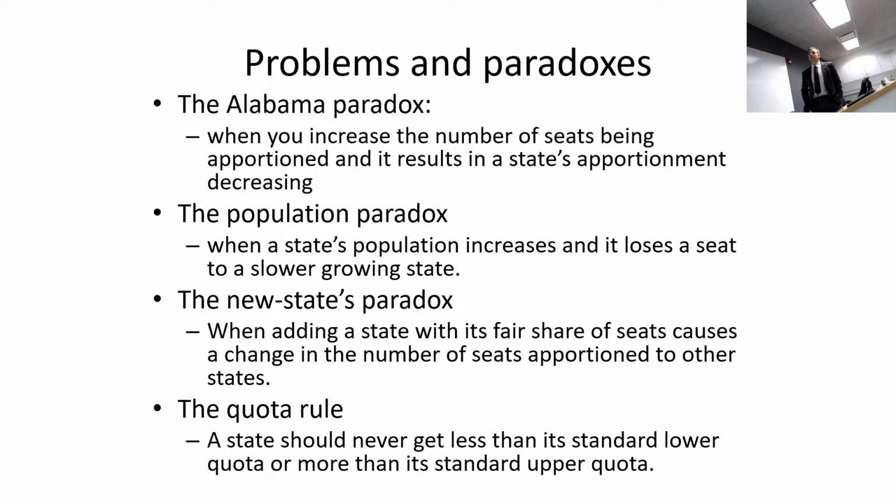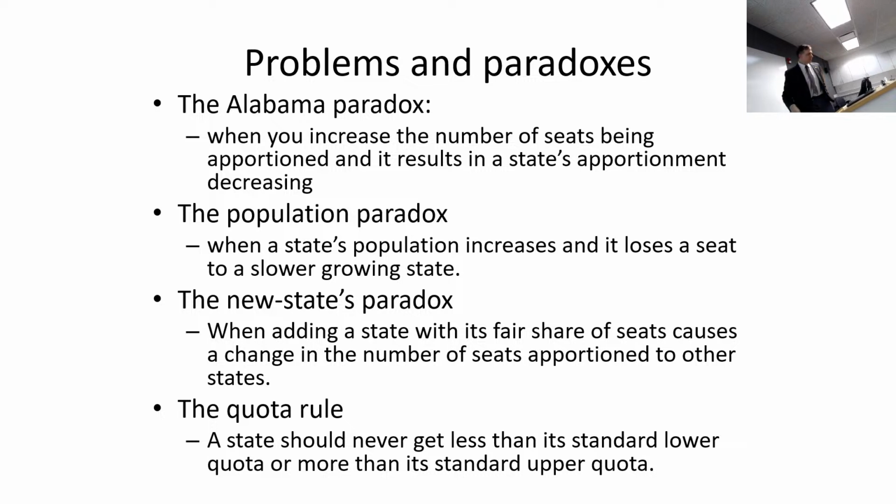So you already know about the Alabama paradox. This is if you change the number of seats being apportioned, then some state loses some of its apportionment. Population paradox: a state's population increases, and yet they lose seats to a slower growing state. The new states paradox, that's when you have a new state.